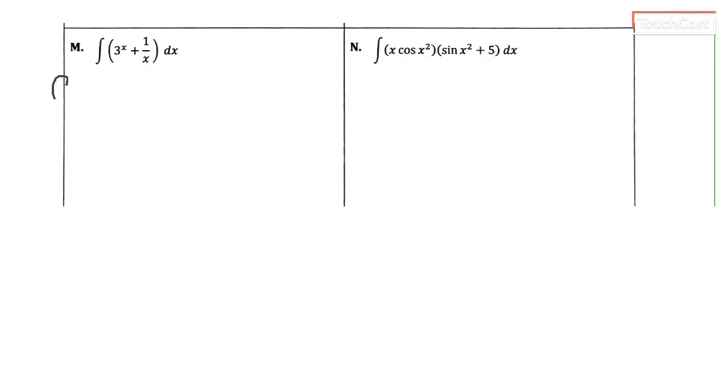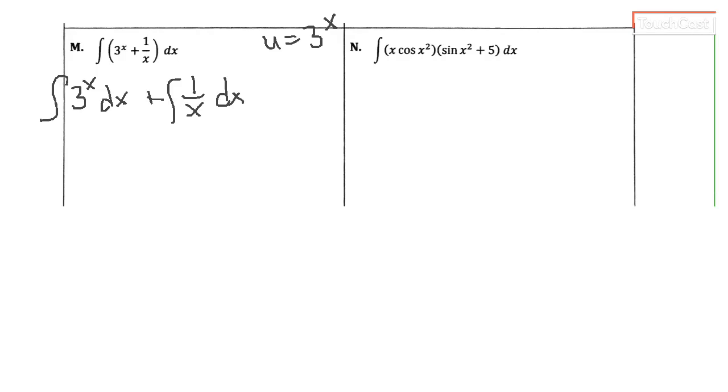We're going to write this as the integral of 3 to the x with respect to x plus the integral of 1 over x with respect to x. Now we can pretty easily find that second part, but the first part is a little bit more difficult. So I'm going to let u equal 3 to the x.